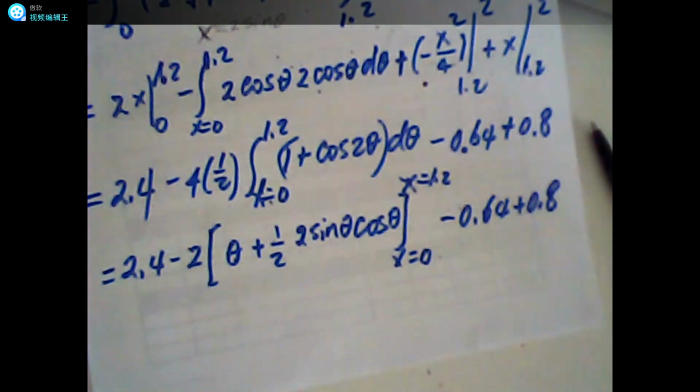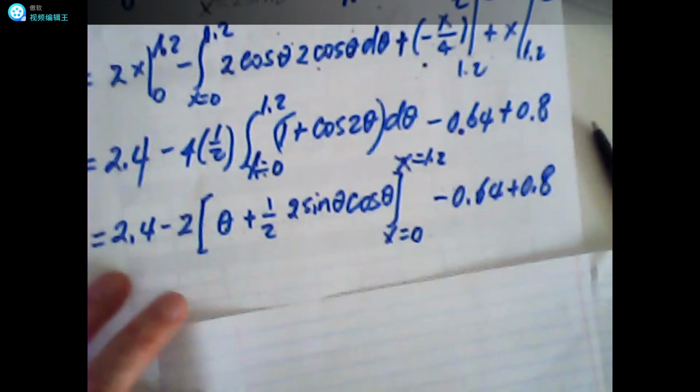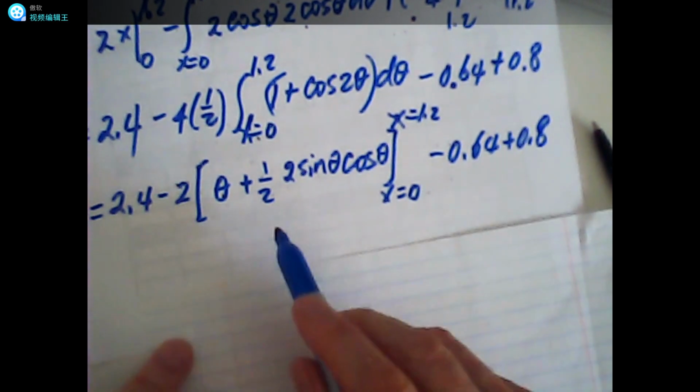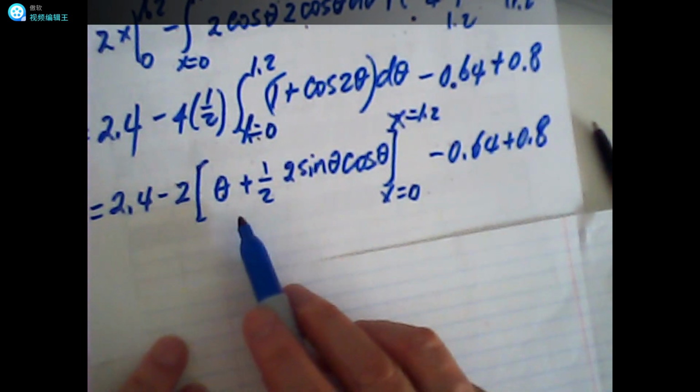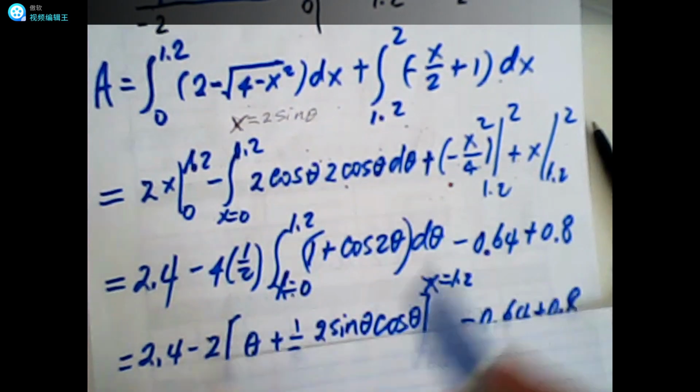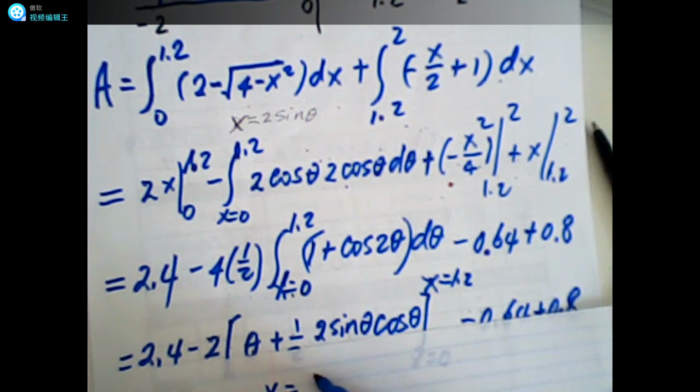Now, what's the theta? Theta: x is equal to 2 sine theta. Theta is arc sine x over 2.